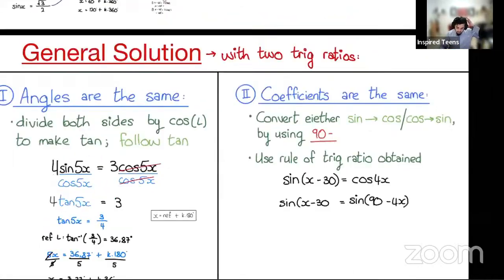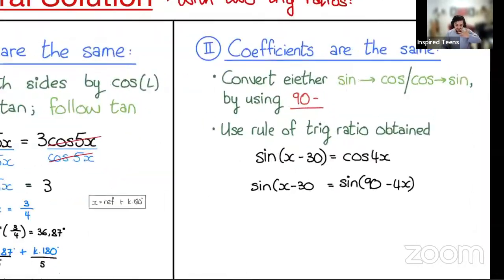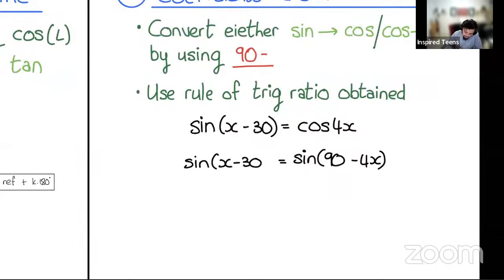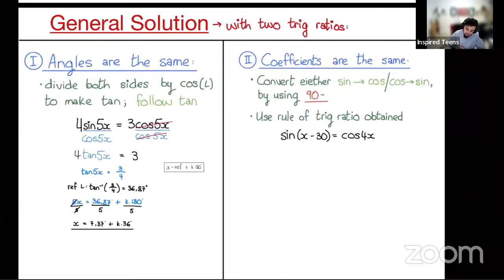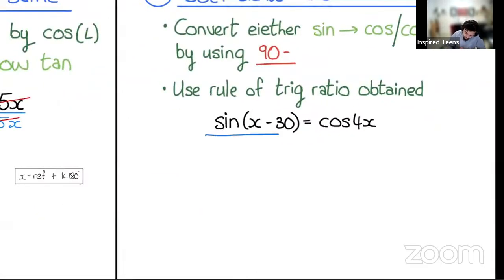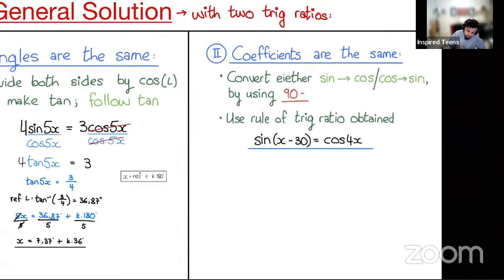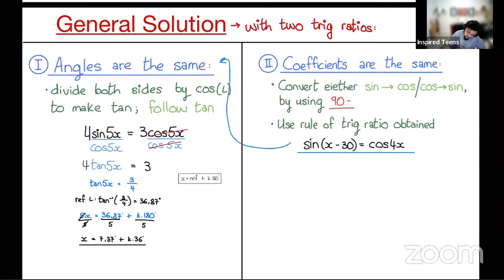Okay, let's move on. Let's just say we have an example where, if we try to follow step 1, we have a sine and we have a cos.